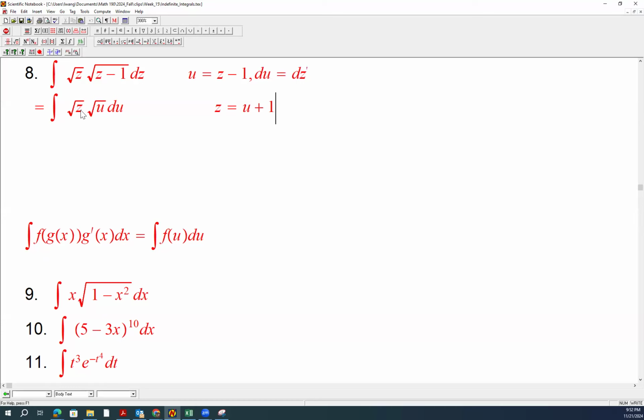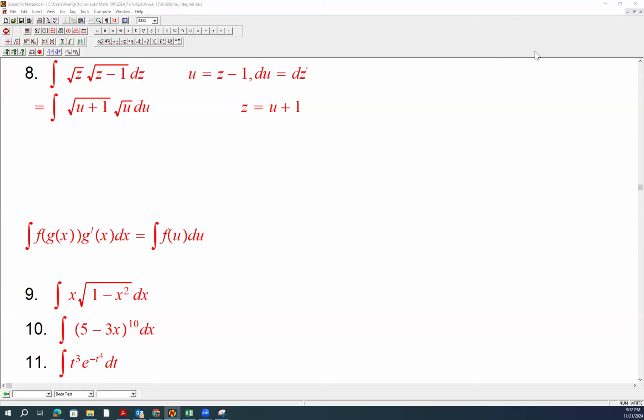So root z is going to be root of u plus 1. But we didn't change the nature of the question. Can we integrate this one? Does this method work right now? It looks like we still don't have a solution. So this way doesn't work.